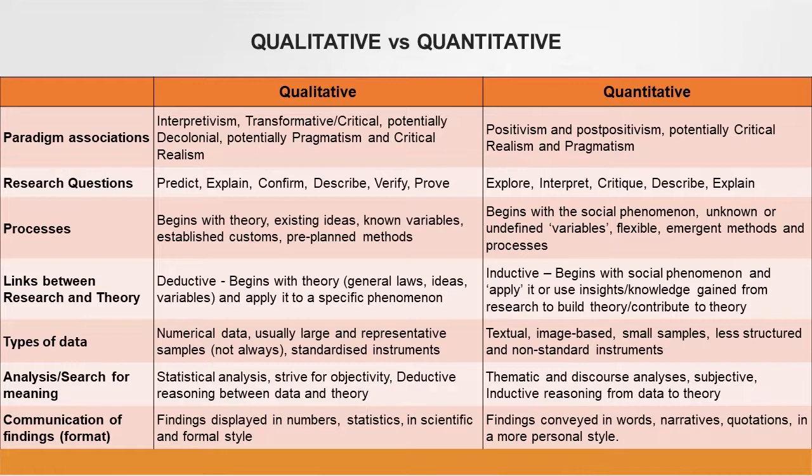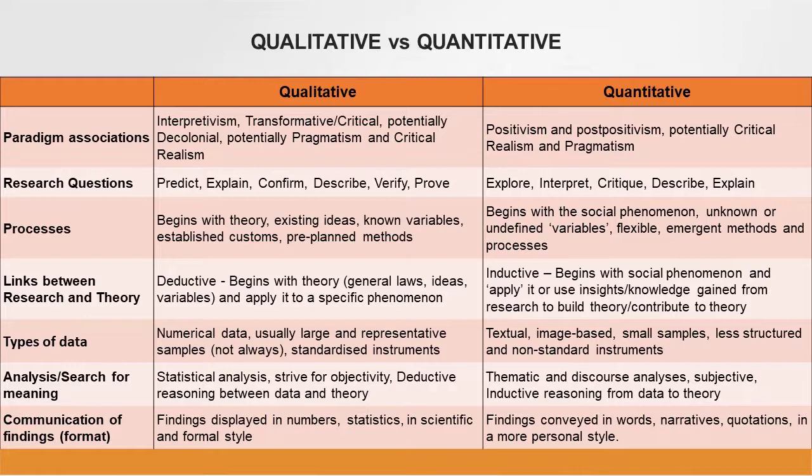Quantitative and qualitative research also generally start at different points. Quantitative researchers begin with existing ideas, as from theory, for instance, that is already defined and specified. So the concepts or variables within that phenomenon are known.